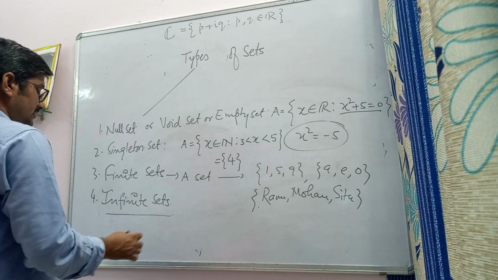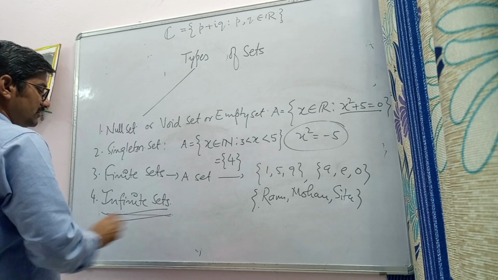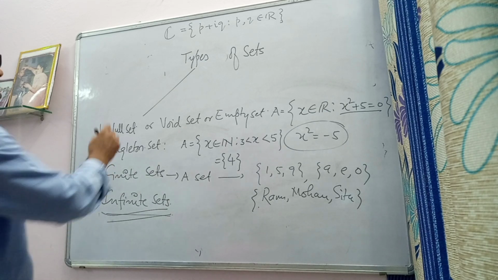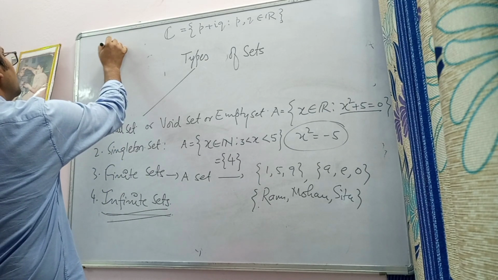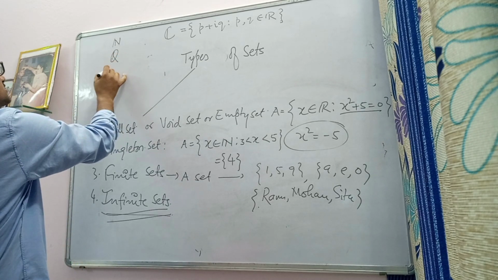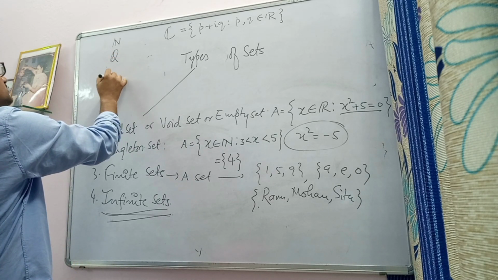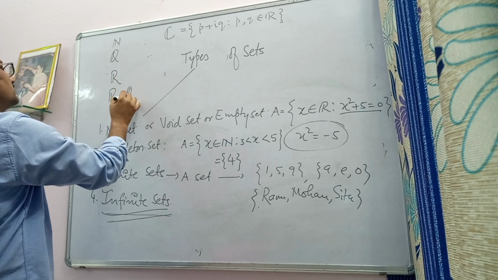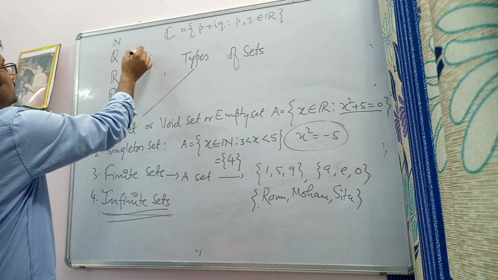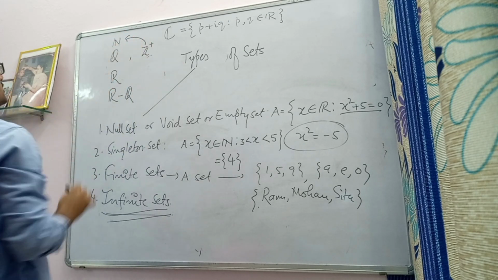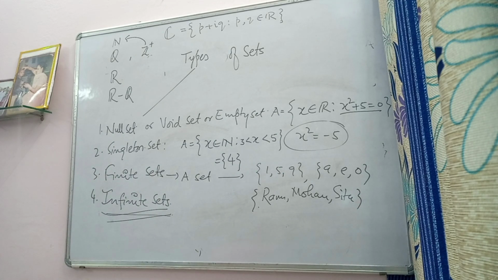Infinite sets: if a set has an infinite number of elements, then it is said to be an infinite set. For example, we have written the set of natural numbers, set of rational numbers, the typical or standard sets, set of real numbers, set of irrational numbers, and set of positive integers or natural numbers. These are the examples of infinite sets.